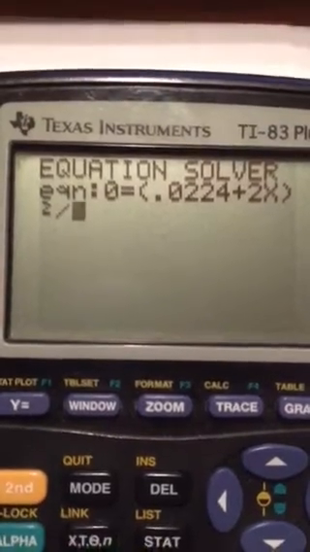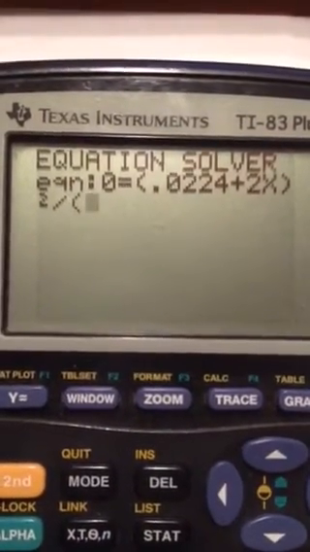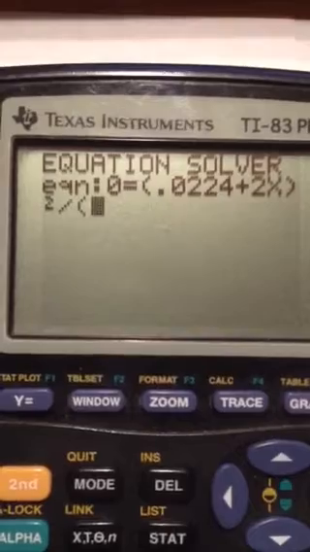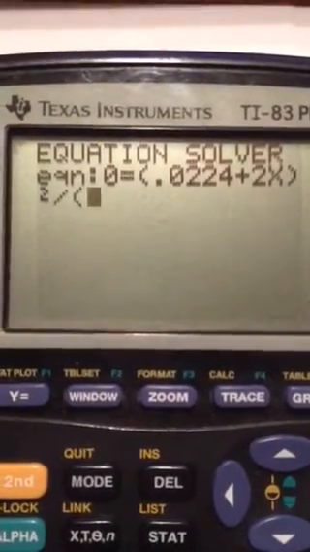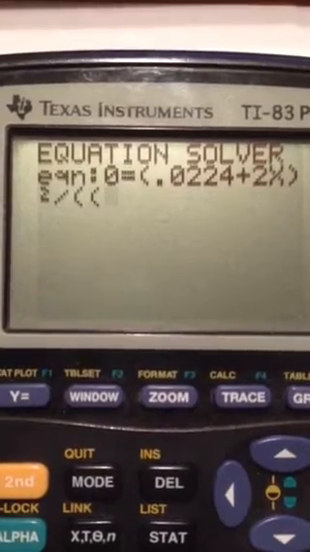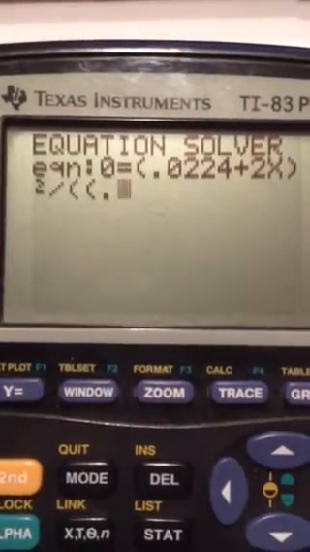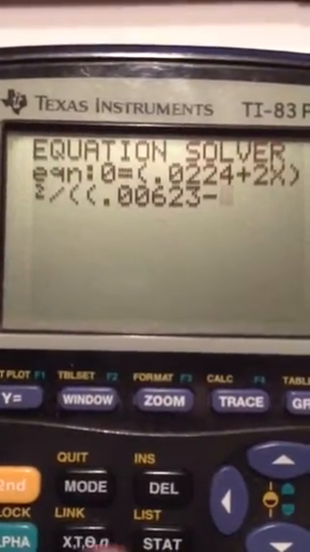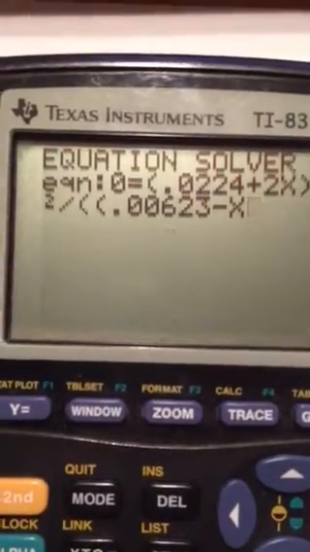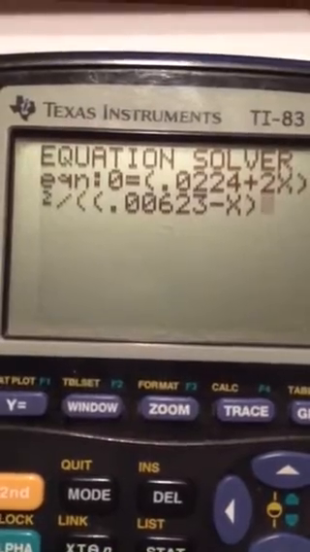divided by, and then we need to divide by the entire term that's on the bottom. So I'm going to have two sets of parentheses here, one for the entire denominator and then another one for just the first term. 0.00623 minus x, close parentheses for that term.